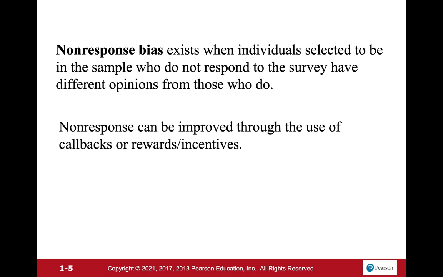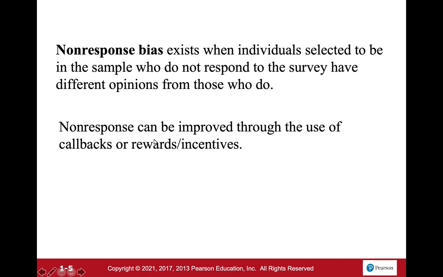Non-response can be improved through the use of callbacks or rewards/incentives. So if they were to ask me, hey, could you give your opinion on abolishing PETA? Then I would say, you know what? No, I'm not going to talk to you about that. Oh, what about this free t-shirt? Okay, yeah, maybe I'll do it for a free t-shirt.